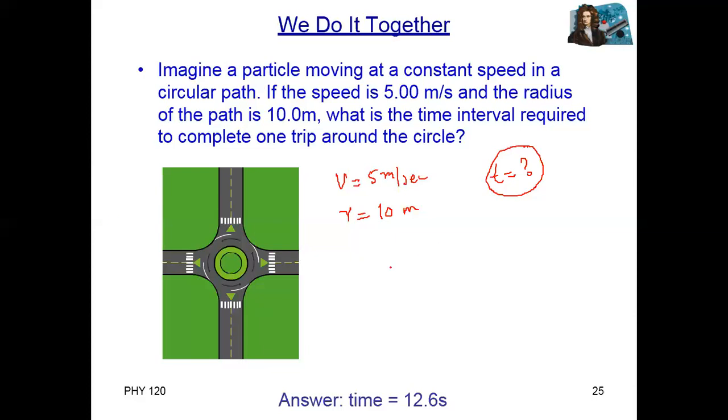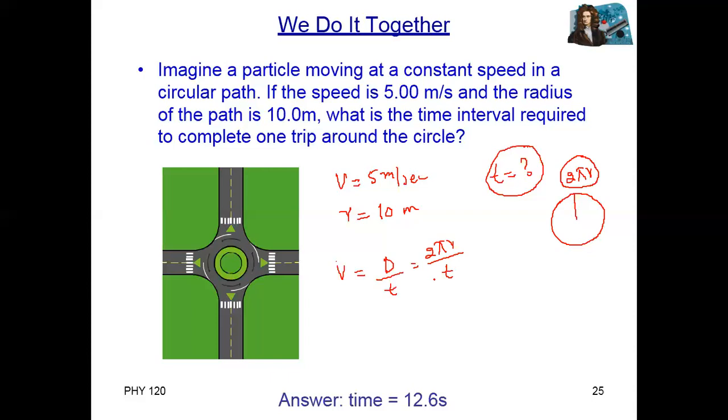Listen. We have the formula for speed. Speed is equal to total distance divided by time. But if you are moving in a circular path, this boundary of the circle, what is the formula for the circumference of a circle whose radius is r? It is 2 pi r. This is the formula for the outer boundary. So we can say speed is 2 pi r divided by time.